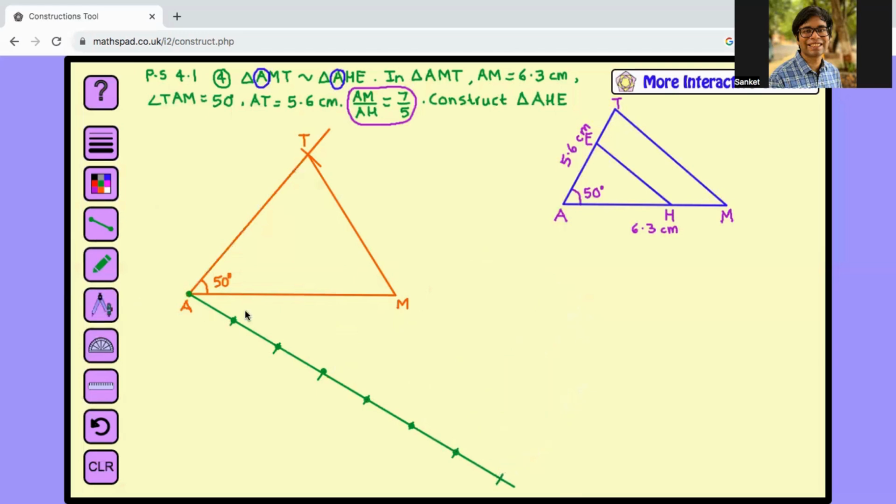I'm going to keep my compass away and label these points.